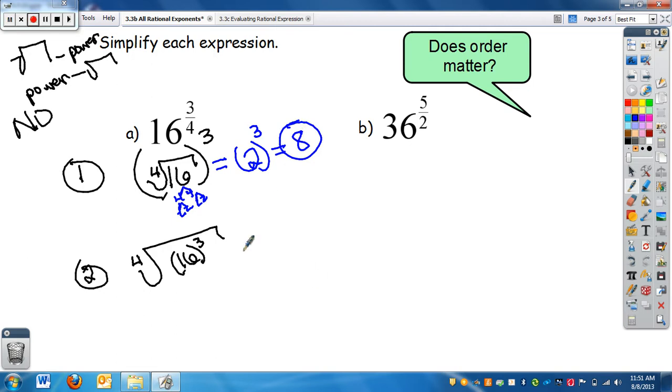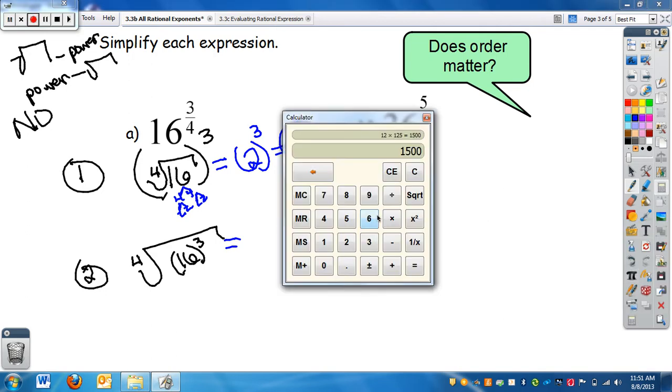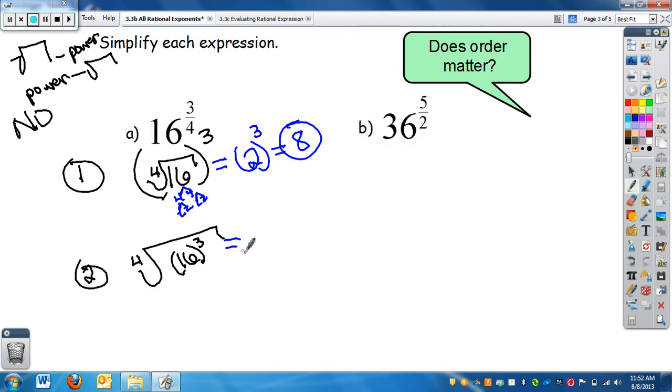Now if I do 16 cubed, I need my calculator because I don't know that one off the top of my head. So if I go 16 times 16 times 16, that's 4,096.